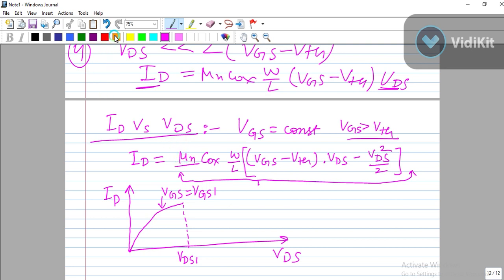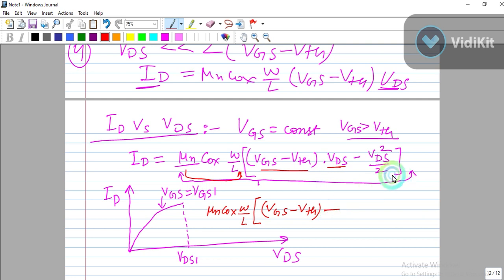This term is constant, so it will be mu n Cox W by L. Then VGS minus VTH is also constant, and the differentiation of VDS will become 1.